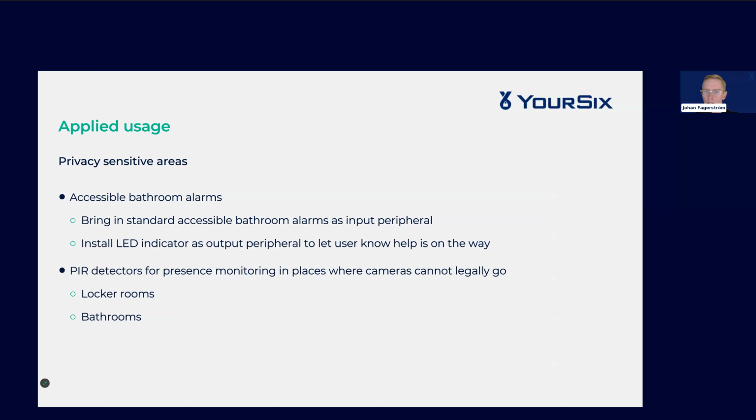These can be brought in as an input peripheral, and you can have an event being sent off to a central station, for example. You can also install an LED indicator as an output peripheral to have the alarm operator let the user know that help is on the way once that accessible bathroom alarm has been activated. You can also use PIR detectors for presence monitoring in places where cameras cannot legally go, such as locker rooms and bathrooms, as I was saying before.